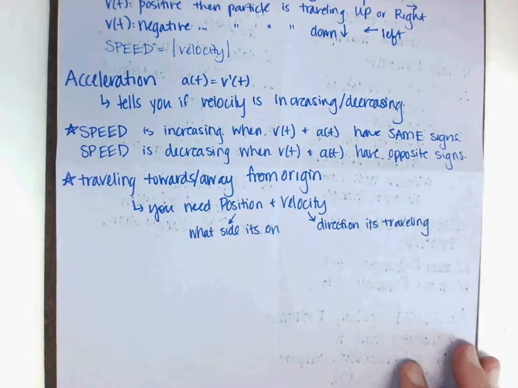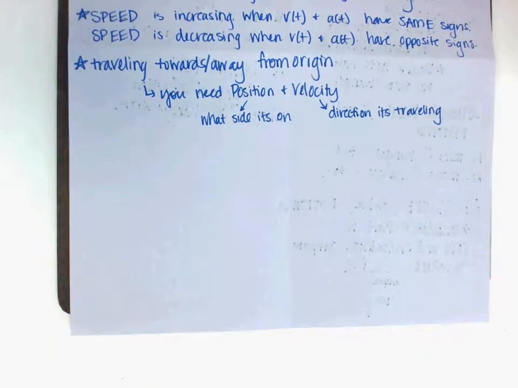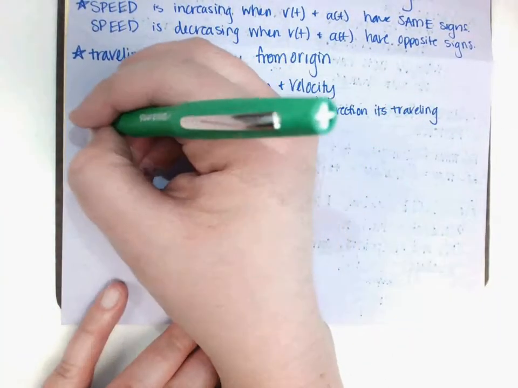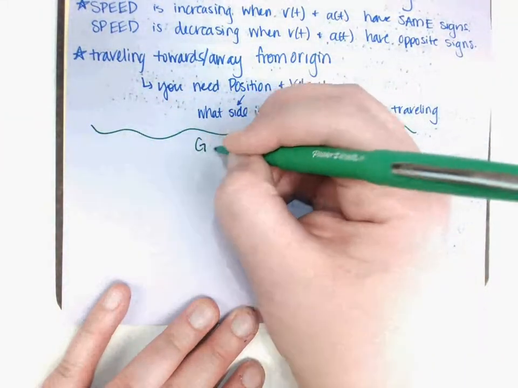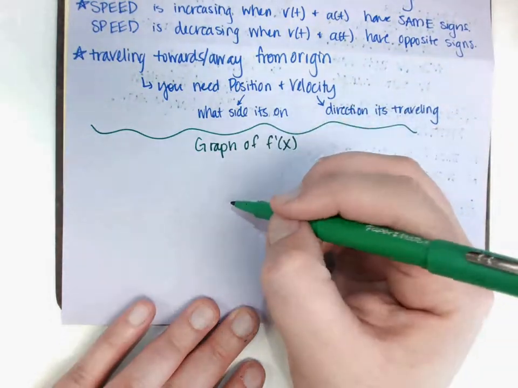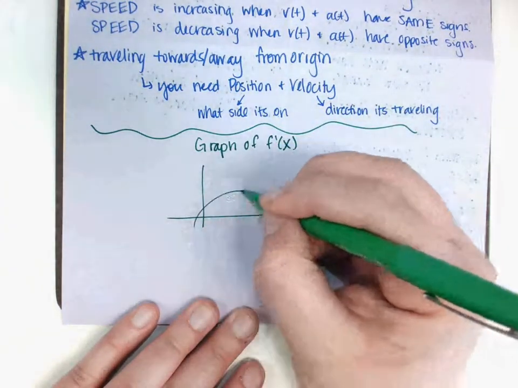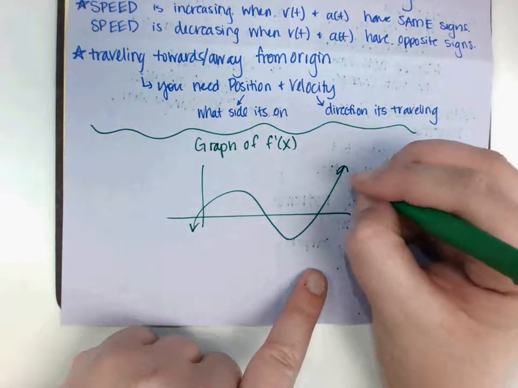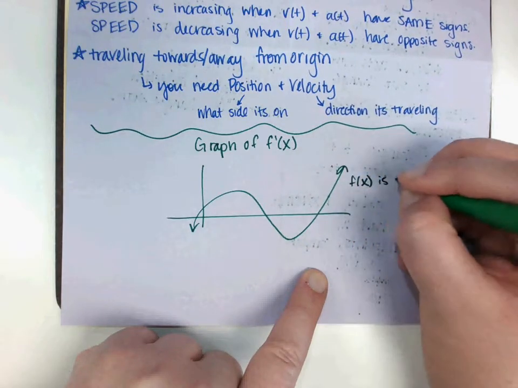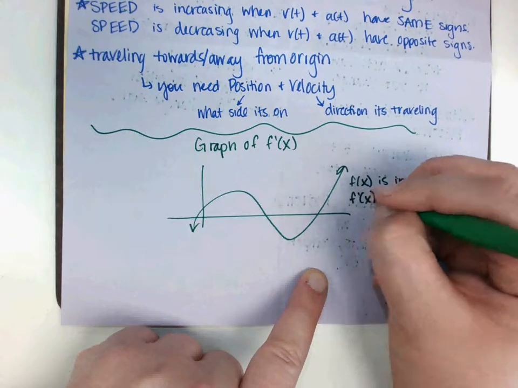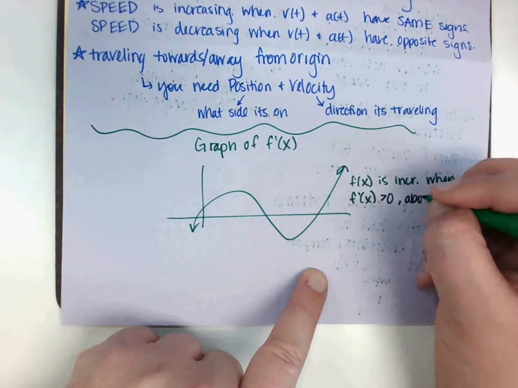Okay? Alright, the very last thing that I'm going to put down here is going to be a graph of f prime. Okay, and we don't have a ton of space to do this because we wrote a lot of notes here. But for your graph of f prime, okay, remember that f of x is increasing when f prime of x is greater than 0 or above the x-axis.